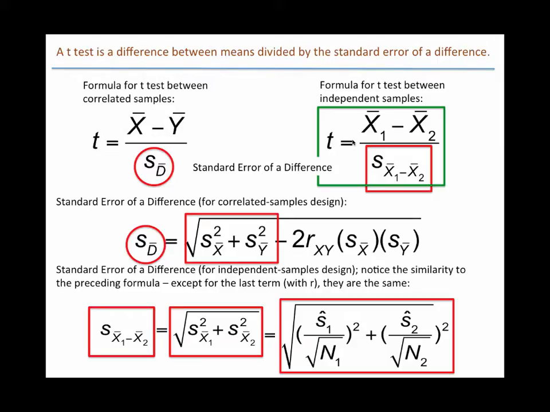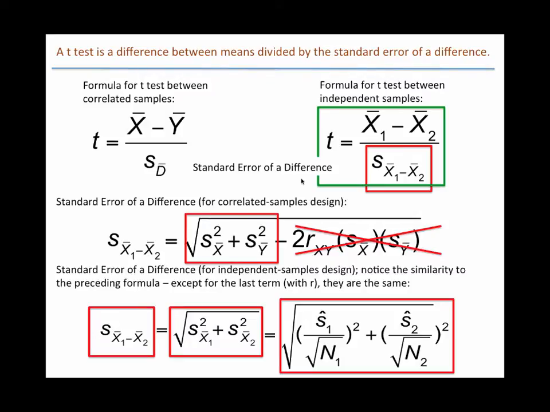But the first part of that formula mathematically is going to be exactly equal to the formula for an independent samples design, except that we are not going to be subtracting that last part that contains the Pearson R. So by taking out that last part of the formula, it magically transforms from the standard error of a difference between correlated means into the standard error of a difference between means. So when we get to Excel, all we'll need to do is delete that last part of the formula.